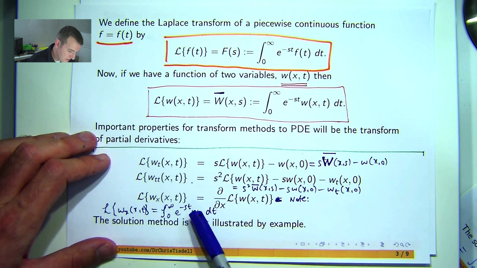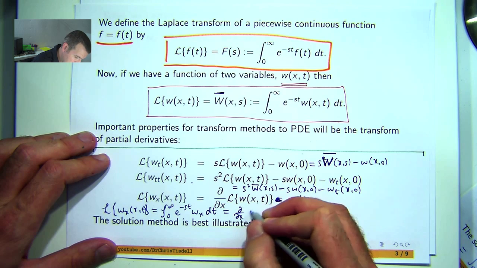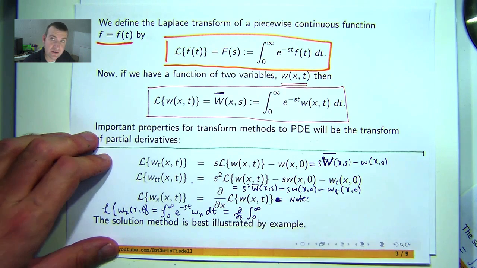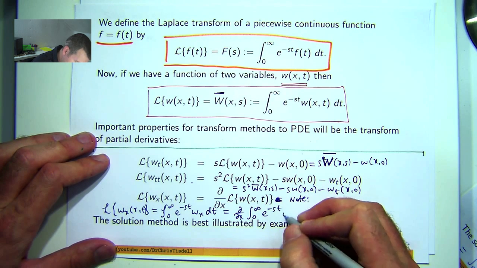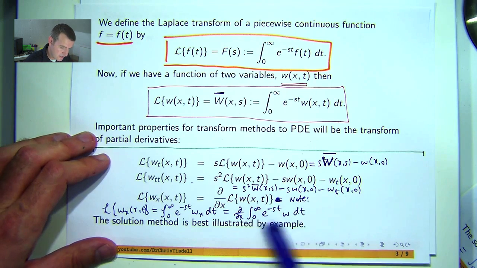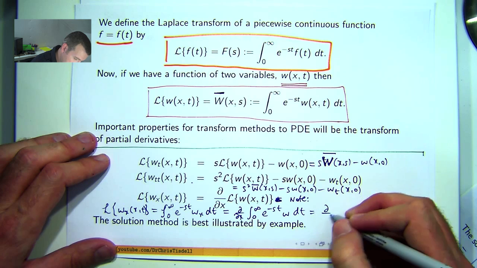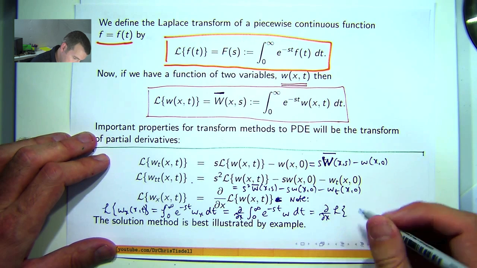Now, this derivative can be shifted outside the front of the integral sign. So I'm sort of using Leibniz rule in reverse here. Okay, what is this? This is just this. So it's the derivative of the transform.